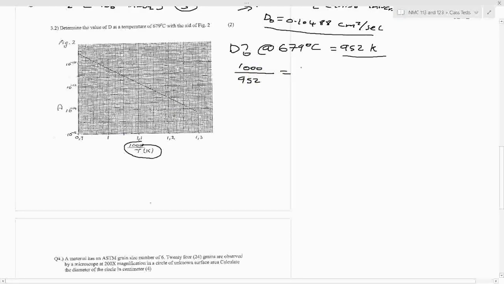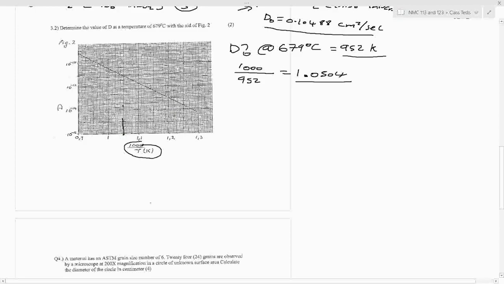This is equals to 1.0504. So you know your x-axis value, the value that you're gonna read off on the scale. I won't be precise when I'm doing it. I'm just gonna do it hypothetically.